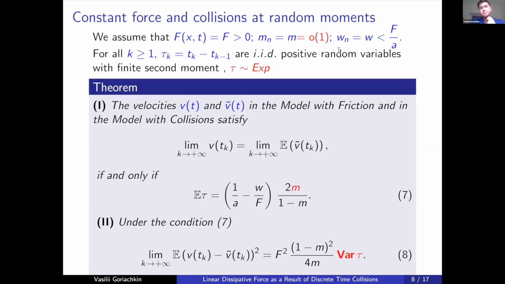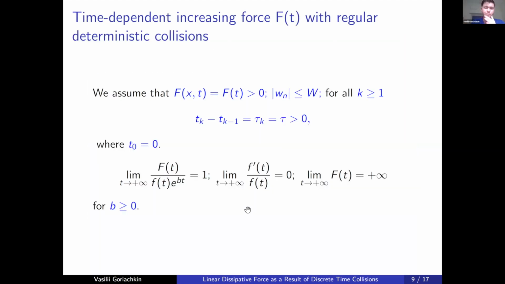They could be whatever we want. Velocities of external particles, exactly. But for the previous theorem, we should bound it by f over a, because otherwise this quantity will be negative, but the time between collisions could not be negative in this case. Okay, thank you. So yes, this is just the velocities of external particles.